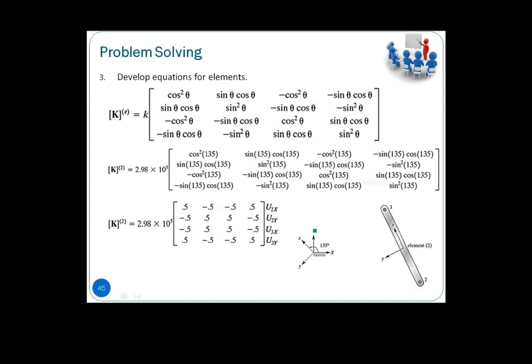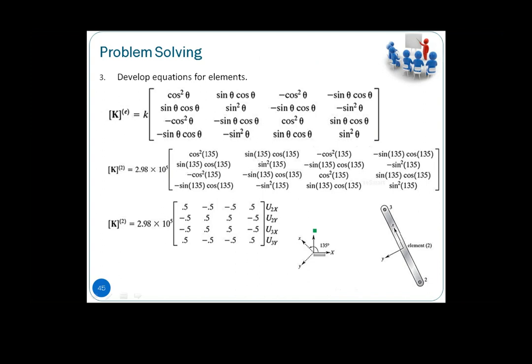Right? Then we go towards element number 2. Element number 2 is covering node 2 and node 3 with the angle of 135 degrees. So you substitute 135 degrees into our elemental stiffness matrix, with the transformation matrix considered.